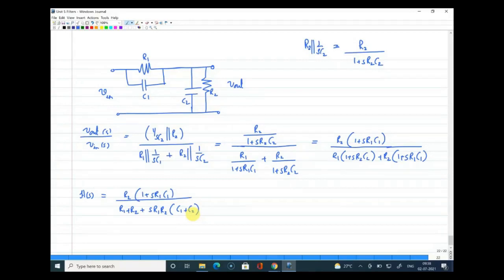And now what I will do is I'll just put numerator equal to 0, which implies that 1 plus SR1C1 into R2 is equal to 0, and that will give you the value of the zero frequency. I'll write it as SZ as minus 1 by R1C1.